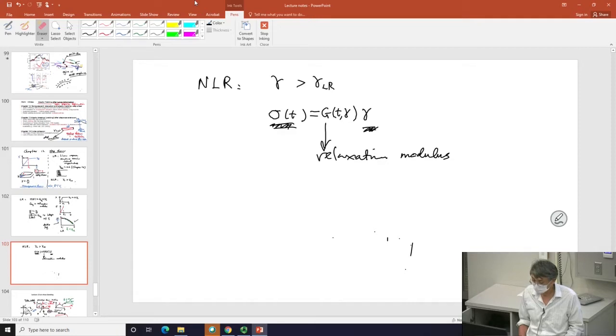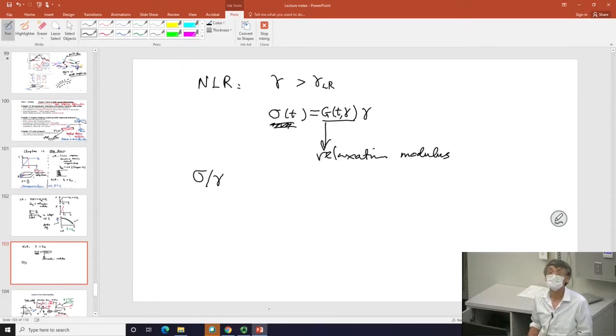Let's review the whole history a little bit. This is where we eventually discovered something that was not obvious. It just so happened that we can introduce this quantity called relaxation modulus, which really is a way to normalize your data.